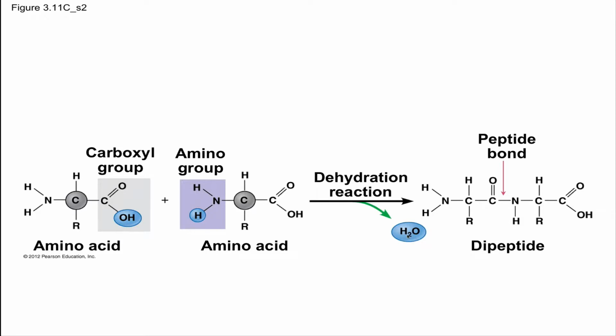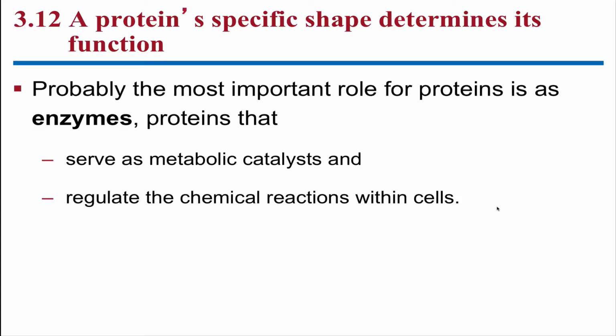That's how you get the water, H2O. And then if you look over here, this carbon over here, this number 2 carbon, is now what's linking this nitrogen group of the second amino acid. So now we have 2 amino acids, so we have what we call a dipeptide chain.